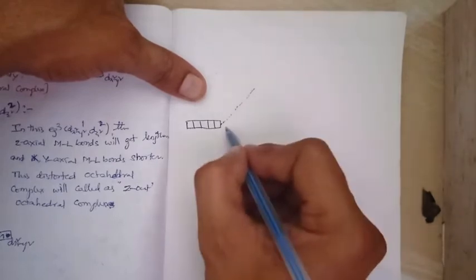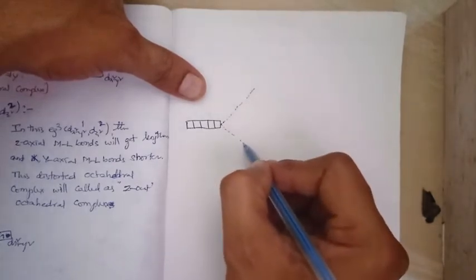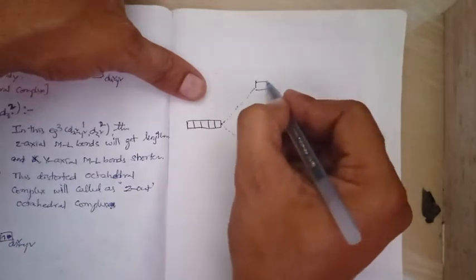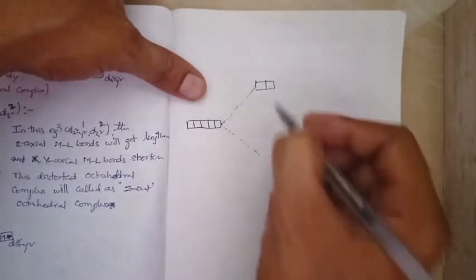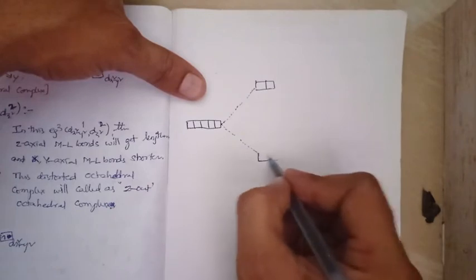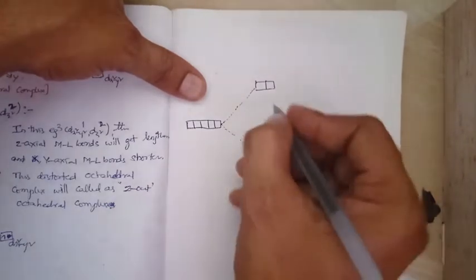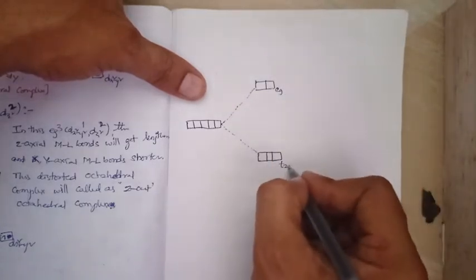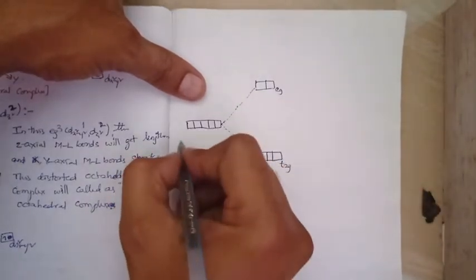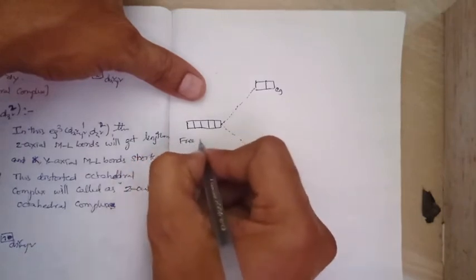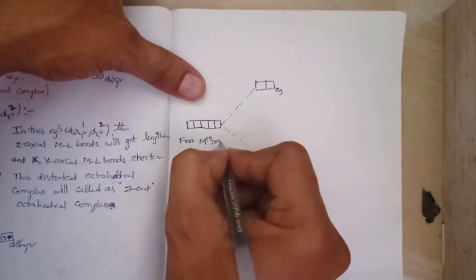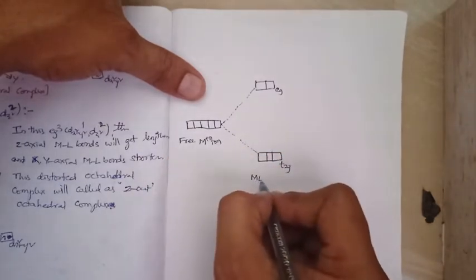You know what happens? It has 2 energy states. In splitting, it generates 2 energy states. One is Eg, and the lower energy one is T2g. This is the free metal ion, and this is the regular octahedral.